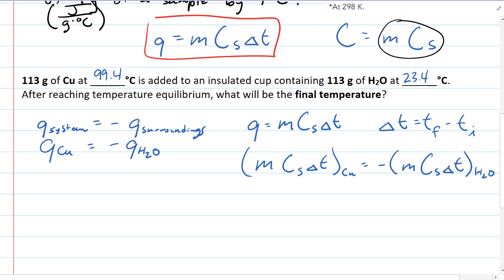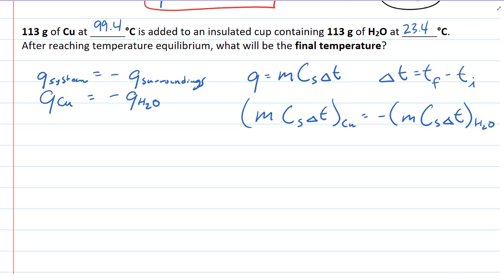All I've done here is substitute in m times C sub s times delta T for the Q on each side. These signs are opposite of each other because the Q value of the system is equal to the negative Q value for the surroundings. At this point, we should be able to substitute in the values on each side. Let's go ahead and do that.